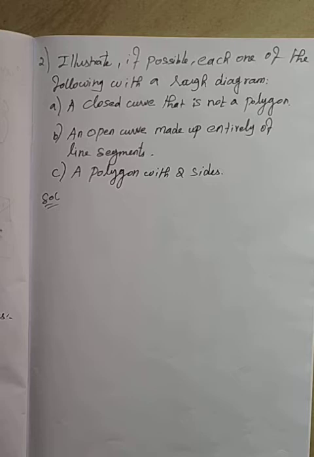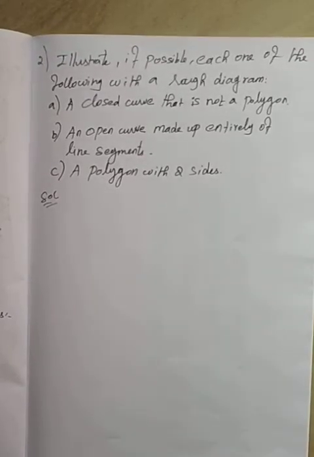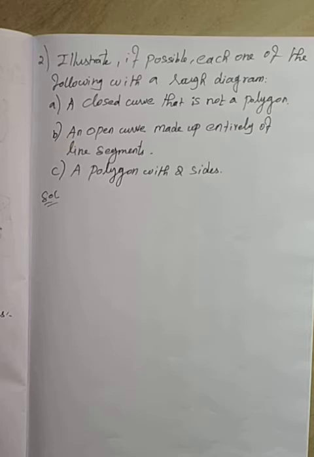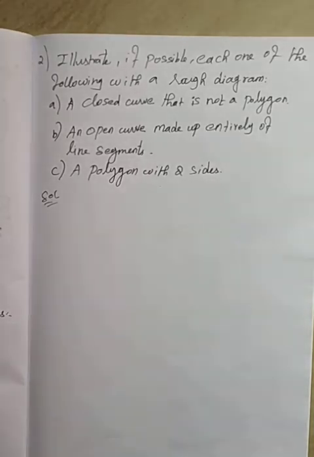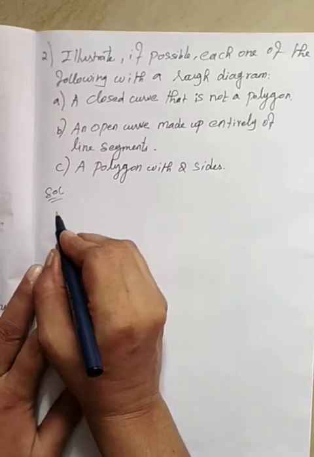Polygon means a simple closed figure made up entirely of line segments. But what is your question? A closed curve that is not a polygon. Okay, how can you draw it?